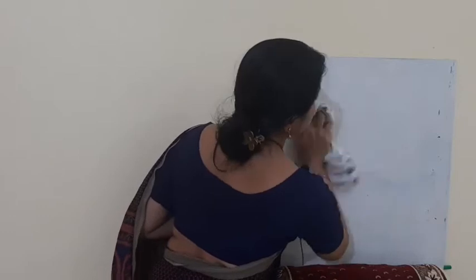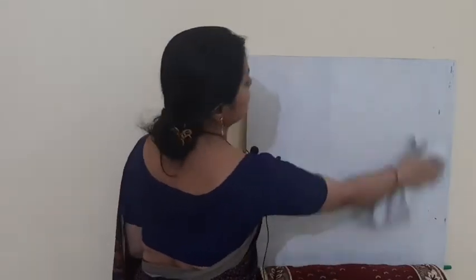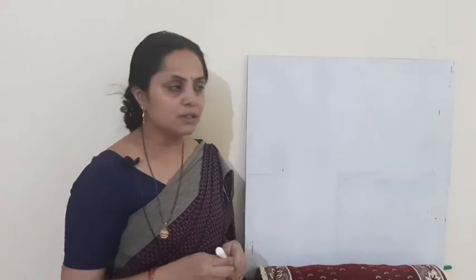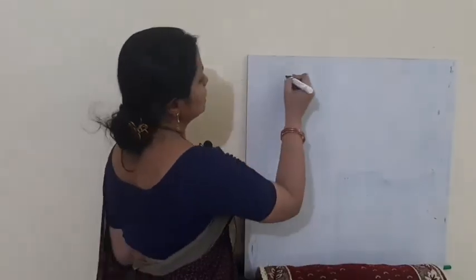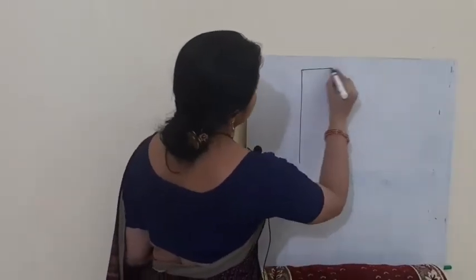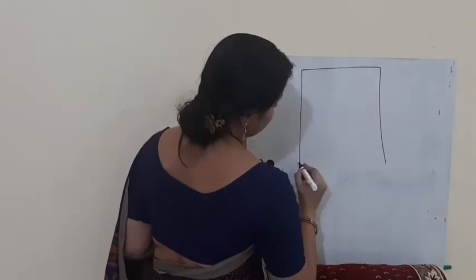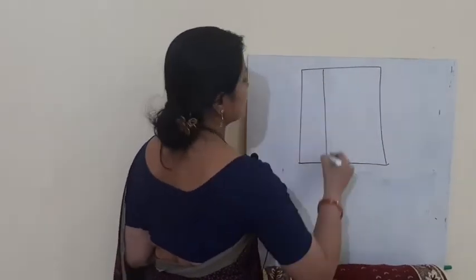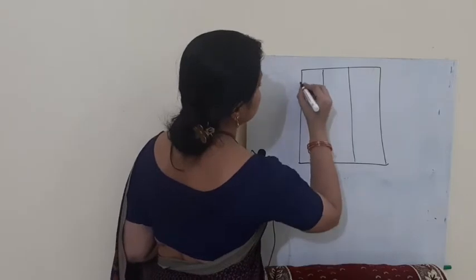Now let's take an example. Children, in your books and the PDFs that I am providing, you have different tables, but here I will show you just a small example. This is my table.